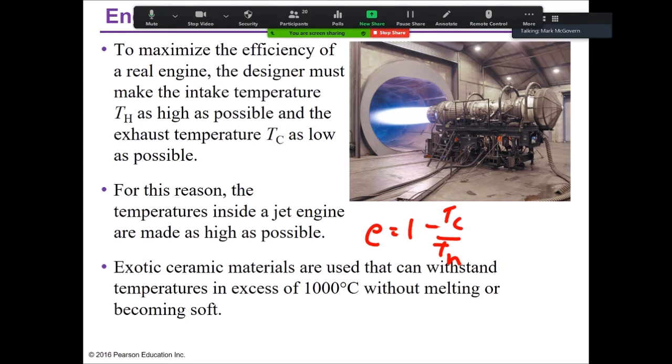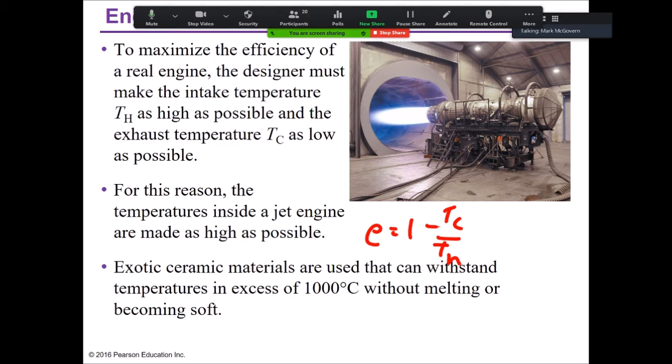But the heat engine here has an enormous efficiency. Why? Because your hot reservoir, which is the temperature of the intake here, is enormous. It's very high. You're typically doing some kind of combustion of fuel that's being expelled out of the back.